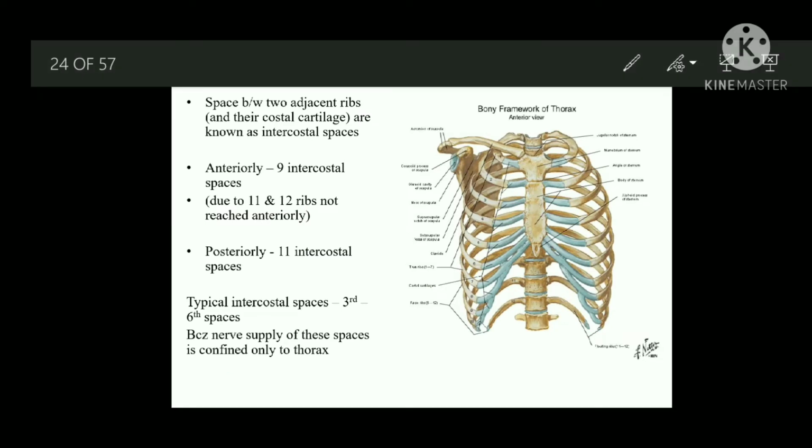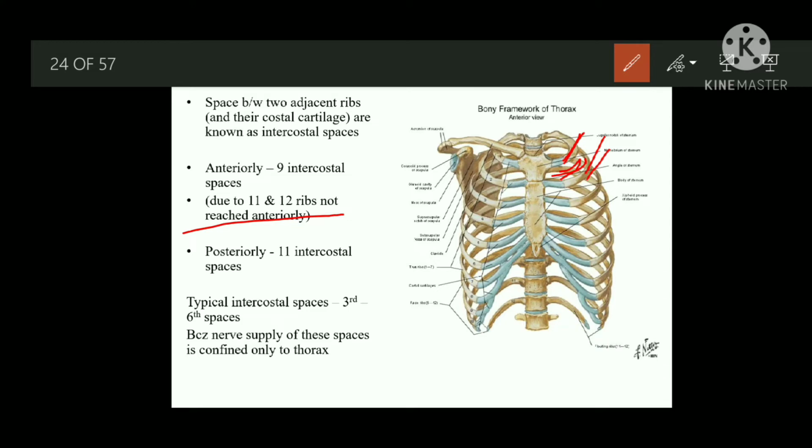Now come to the intercostal spaces, the space between two adjacent ribs. This is the first rib, this one is the second rib, and the space between the adjacent ribs and their costal cartilage is known as the intercostal space. There are 12 pairs of ribs on each side, but the 11th and 12th ribs do not reach anteriorly.